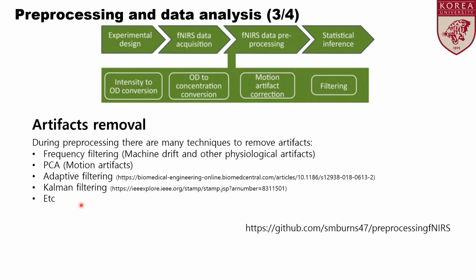There are also some other filtering techniques like adaptive filtering and Kalman filtering. The details of these filtering techniques can be found in these links, and these links are also mentioned in the description of this video.